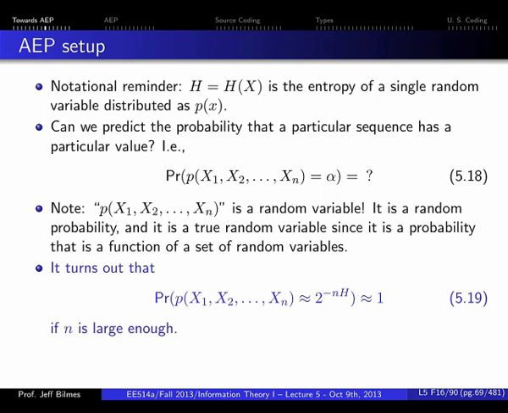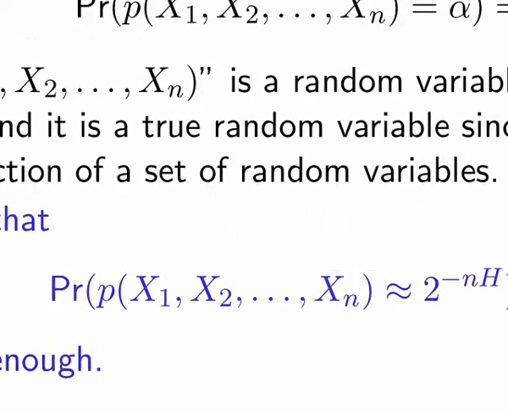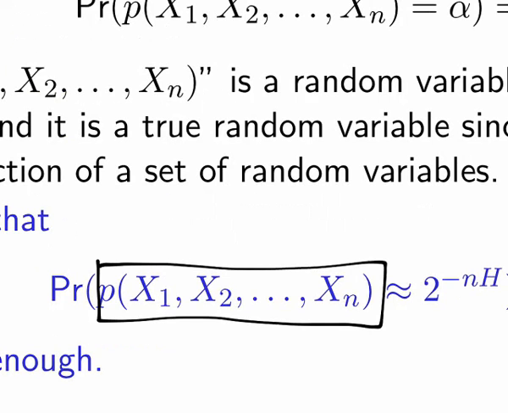Does it mean that this is a constant random variable, the probability of the vector? If, let's say, instead of approximate, it's equals, it means it can be thought of as essentially a constant random variable.